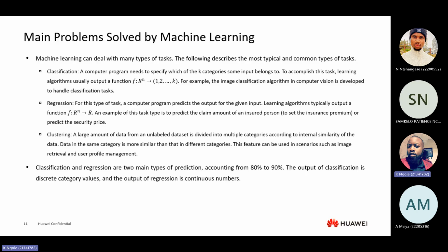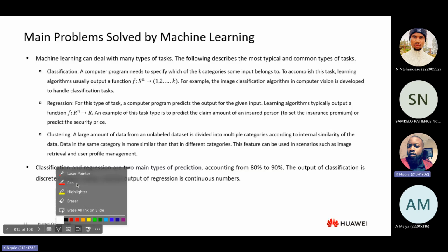The example we gave yesterday was identifying numbers. So we have 10 digits. If we have a scenario where our machine needs to identify amongst the 10 digits, that will be a classification problem.